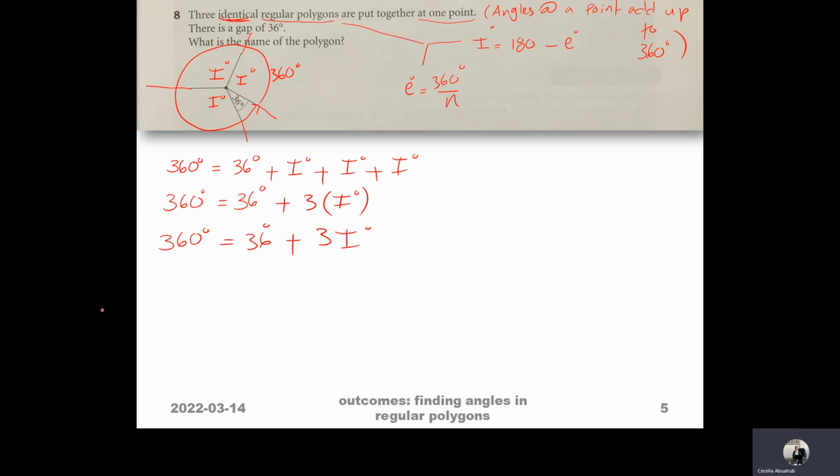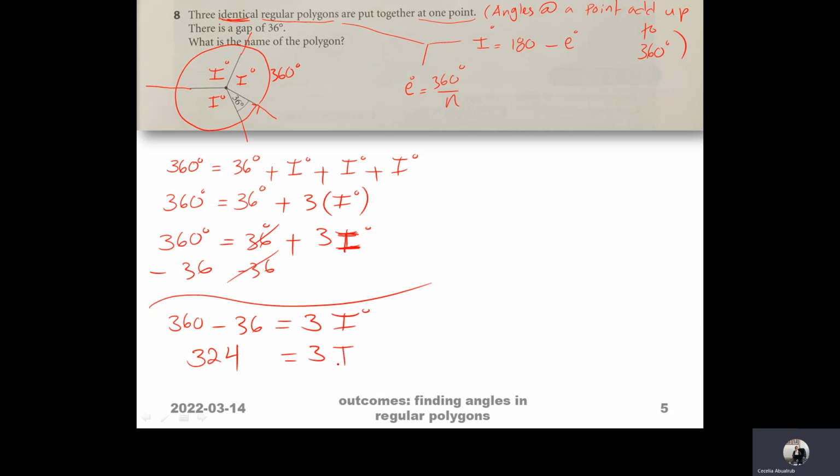So we have an equation now with one unknown, which is I. And in order to solve this linear equation, we are going to apply opposite operations. So we're going to start by subtracting 36 from both sides of the equal. So 360 minus 36, and these 36 are gone, is equal to 3I. Okay, so 360 minus 36, the answer will be 324 is equal to 3I.